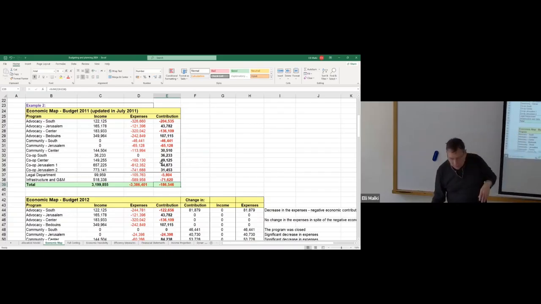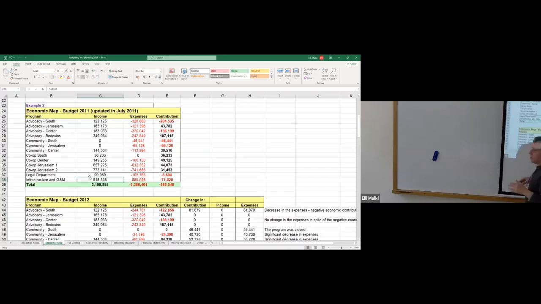We also see a quite significant undesignated donation, significant from the perspective of this organization, which is recorded here. Infrastructure and general management, 518,000 shekels, is undesignated donation, or donations, could be several. Okay, so are we clear until now? This is the base scenario.